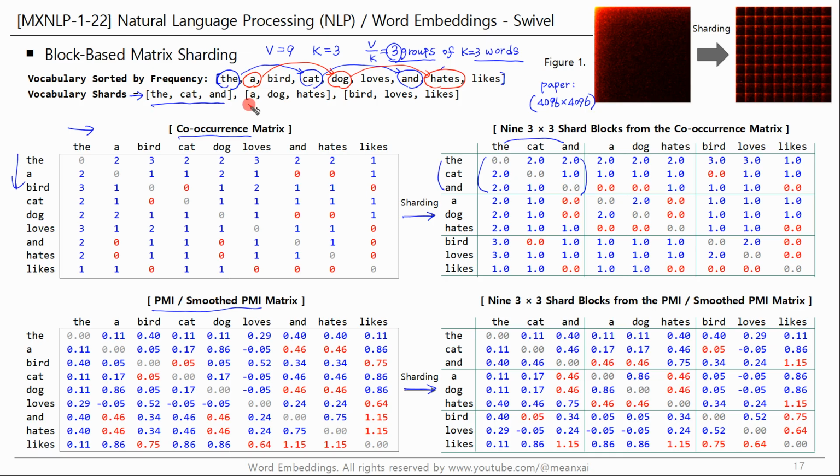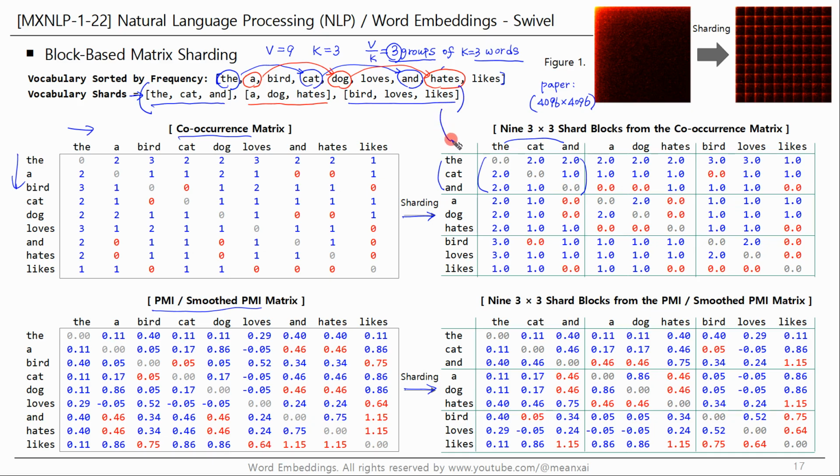This gives us A, dog, and hates for the second group. We do the same thing for the third group. As a result, we get these 3 groups. This arrangement helps make the total frequency of the words in each group roughly similar.